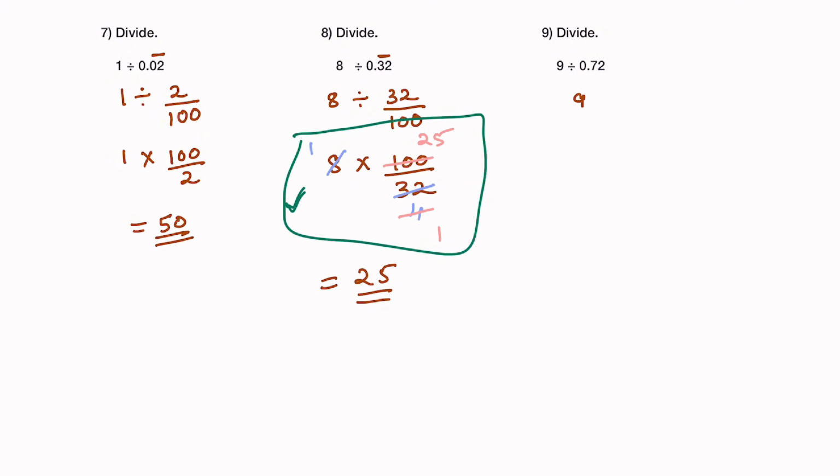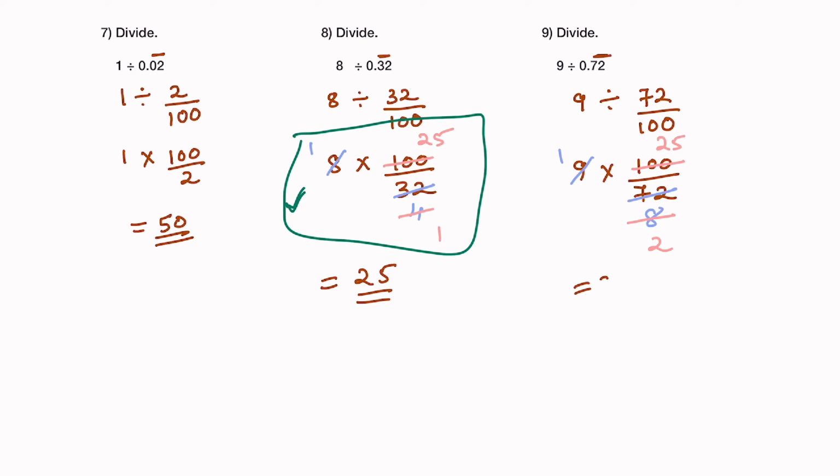Next we have 9 divided by 0.72, so we write 72 upon two decimal places. So it's 100. Then we say 9 times 100 upon 72. Again, common factors. 9 times 1, 9 times 8, right? Then we say 4 times 2 and 4 times 25.